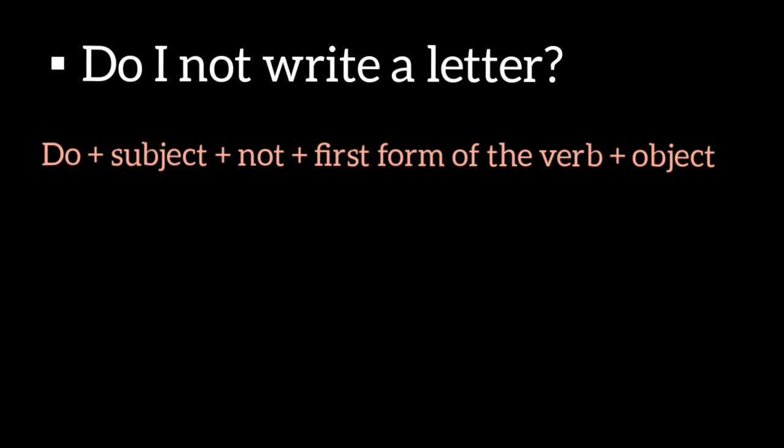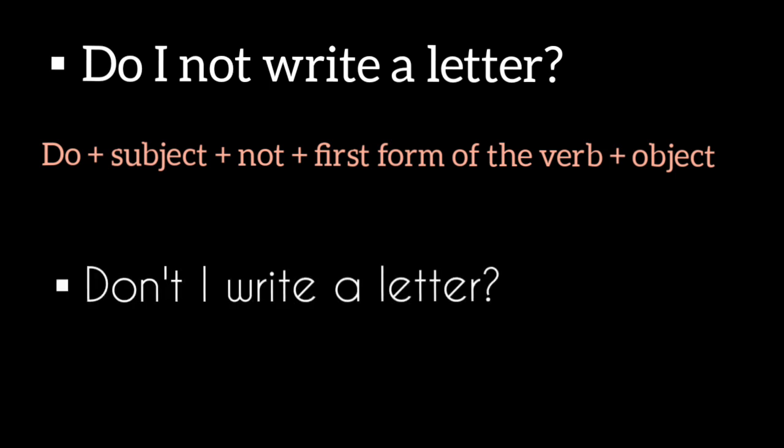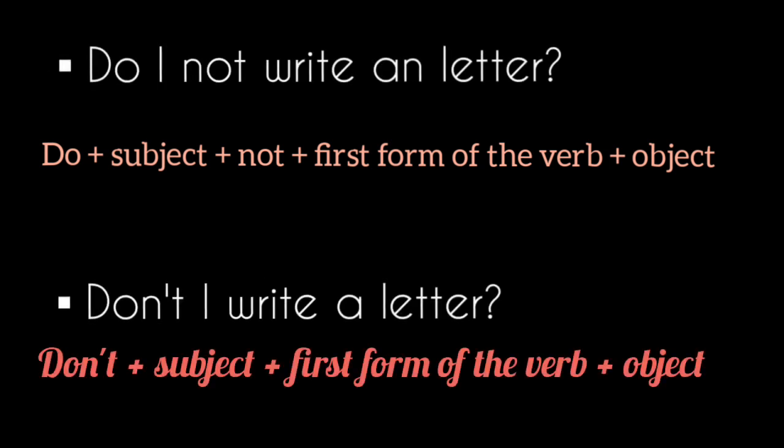Then we will use it at the beginning of the sentence. Don't I write a letter? Here the structure will be don't plus subject plus first form plus object. Object may be optional.